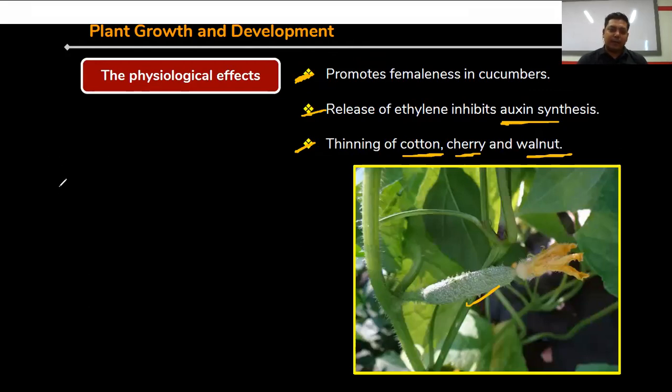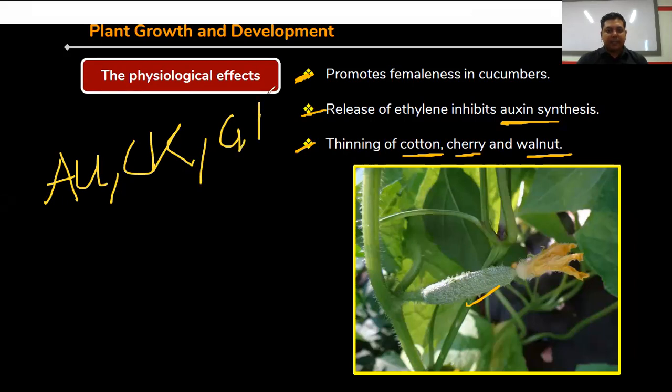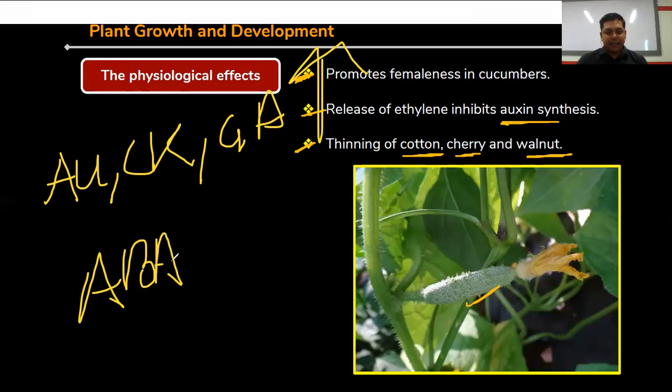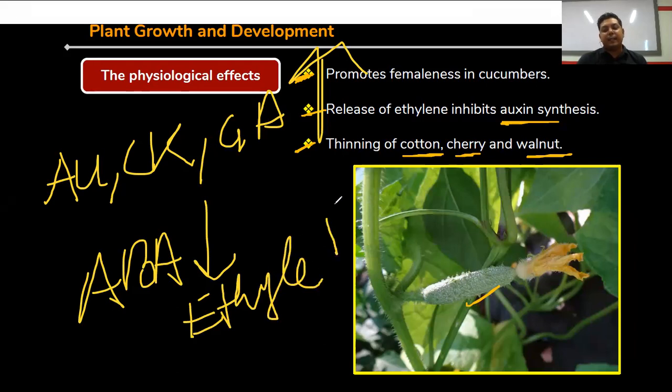Out of these five types of plant growth regulators or plant growth hormones, auxin, cytokinin, and gibberellin are known as growth promoters, right? ABA or abscisic acid is known as a growth inhibitor, and ethylene is known as both an inhibitor as well as a promoter, because ethylene is involved in the process of fruit ripening, in promoting femaleness in cucumber, as well as inhibiting the synthesis or production of auxin hormone.